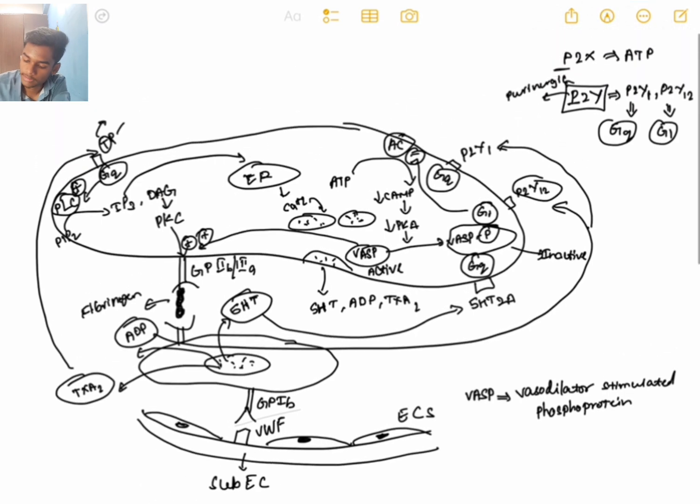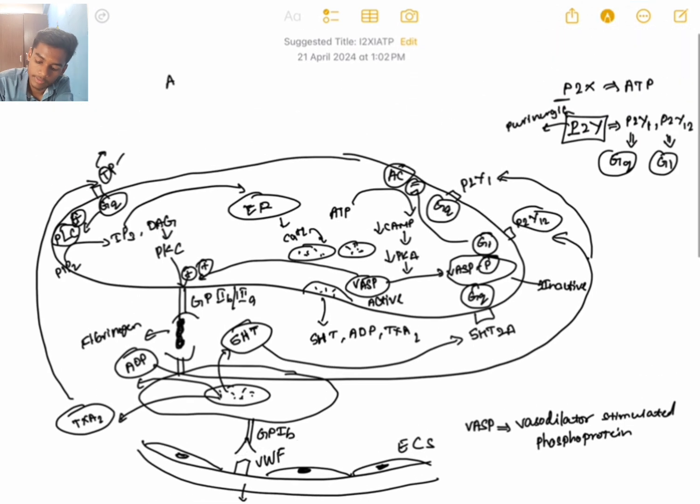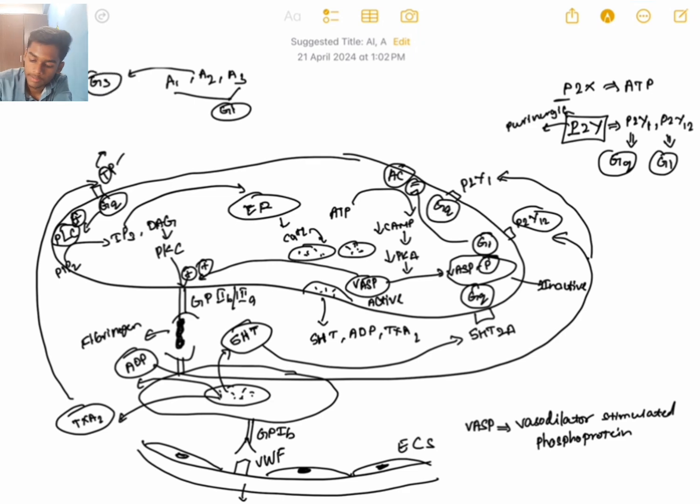See, adenosine has receptors A1, A2, A3. A1 and A3 are GI. A2 is GS. A2 also has two forms, A2A and A2B.